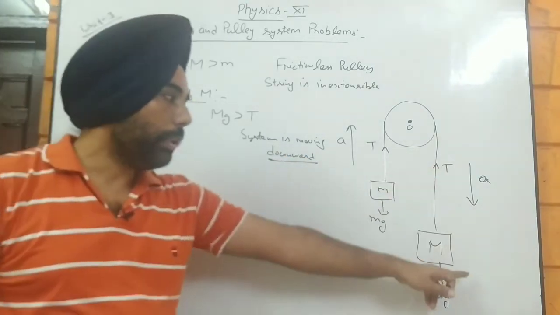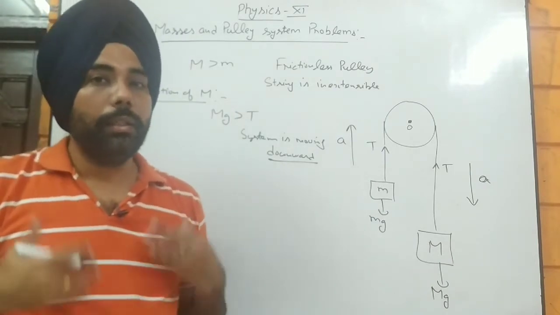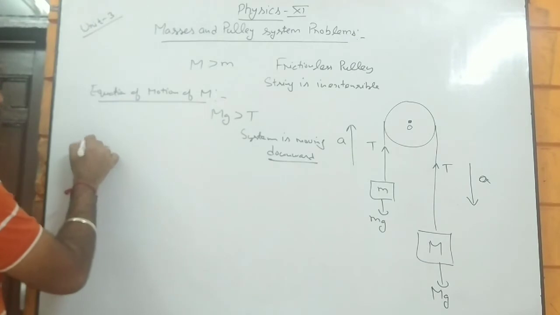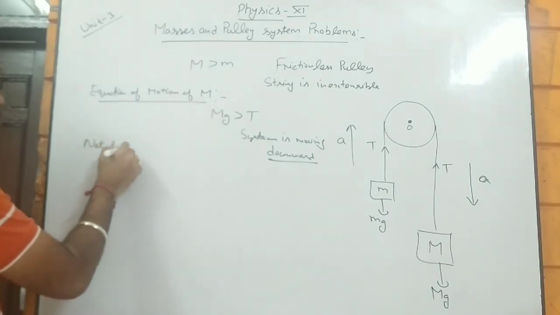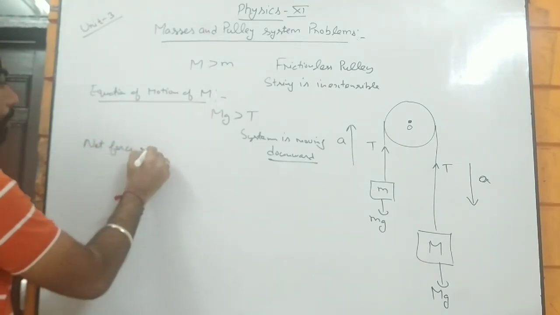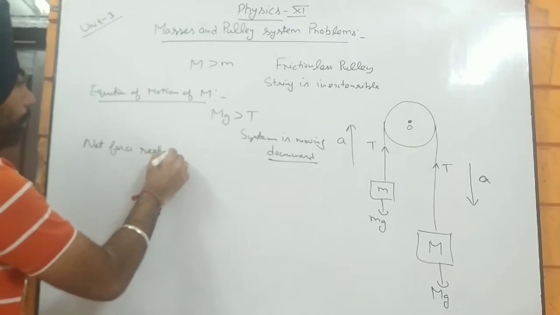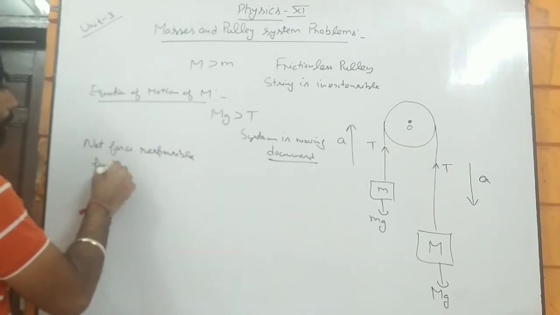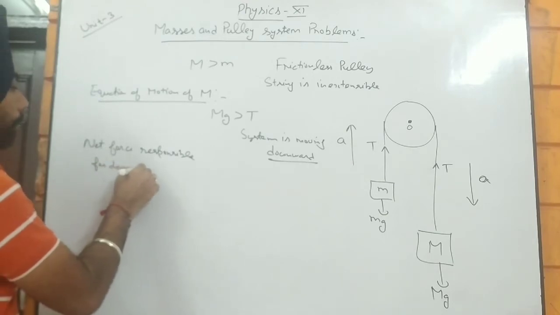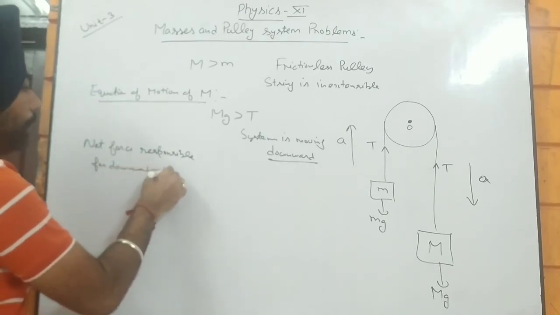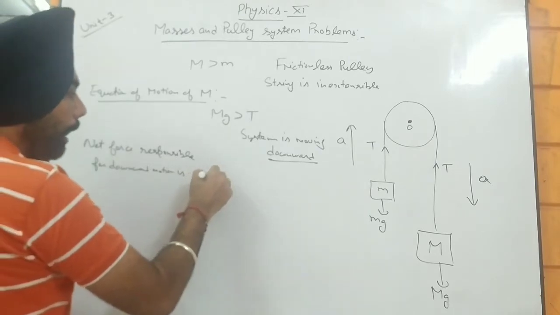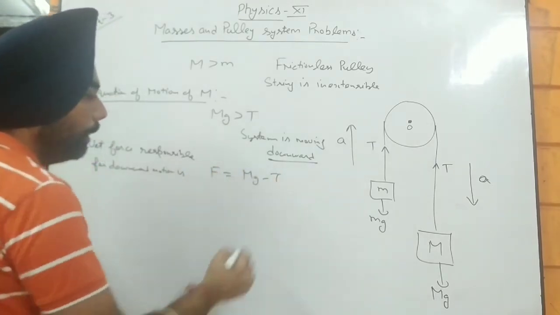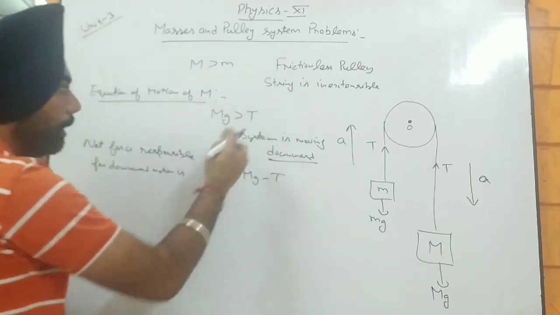Now therefore the net force responsible for downward motion is F equal to Mg minus T, because Mg is greater than T.